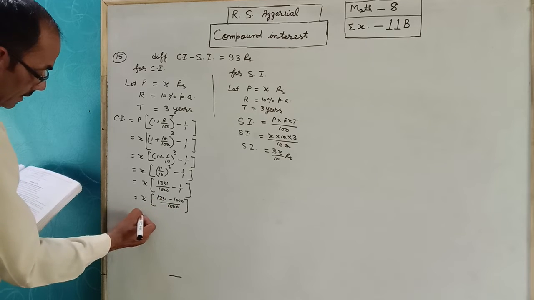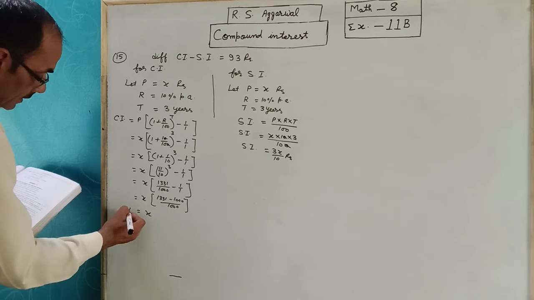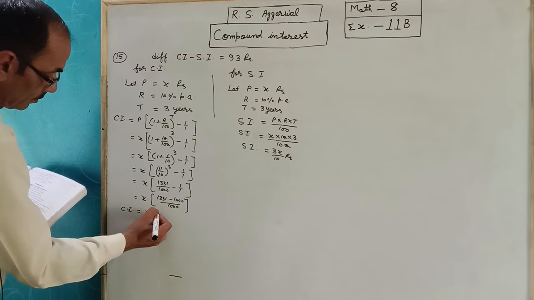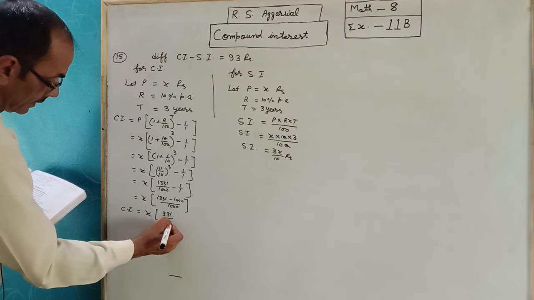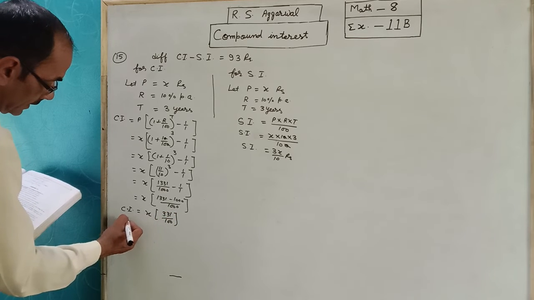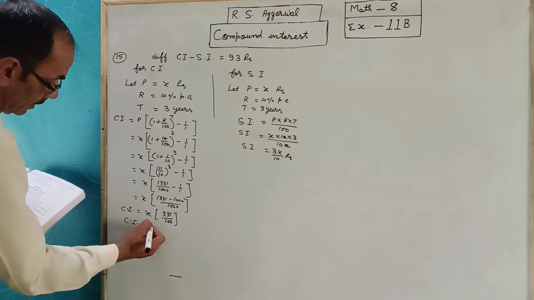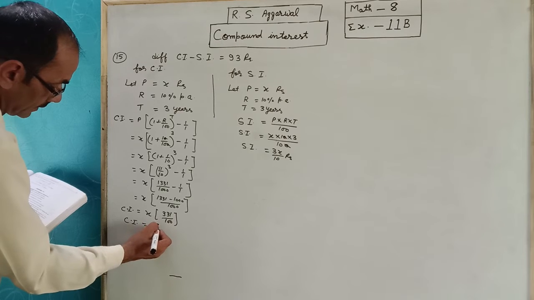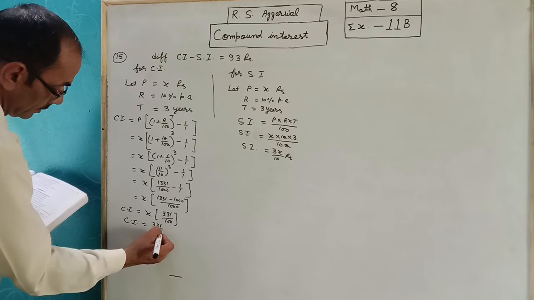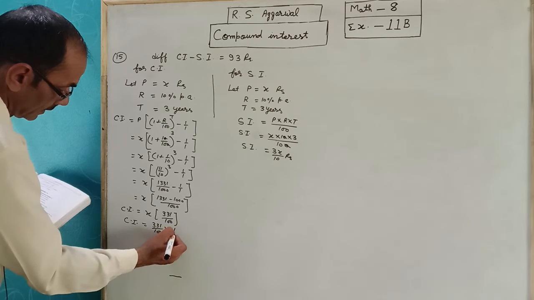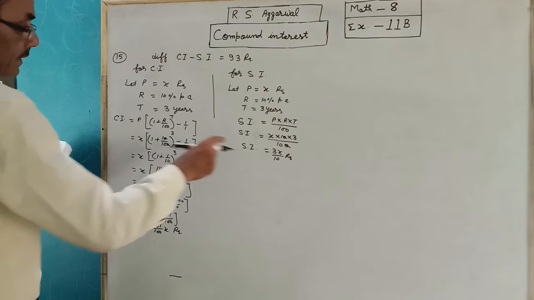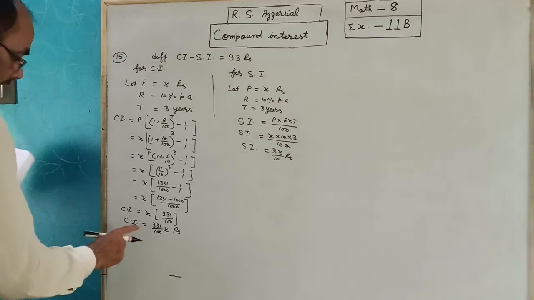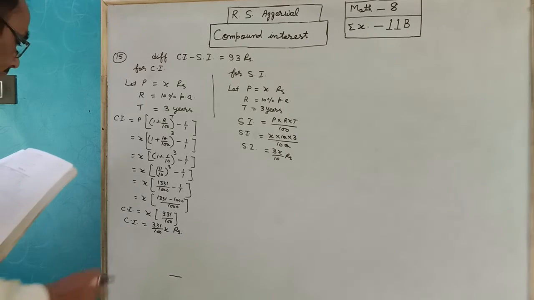After minus, CI is equal to 331 upon 1000 x rupees. We find the SI is equal to 3x upon 10 and CI is 331 upon 1000 x.